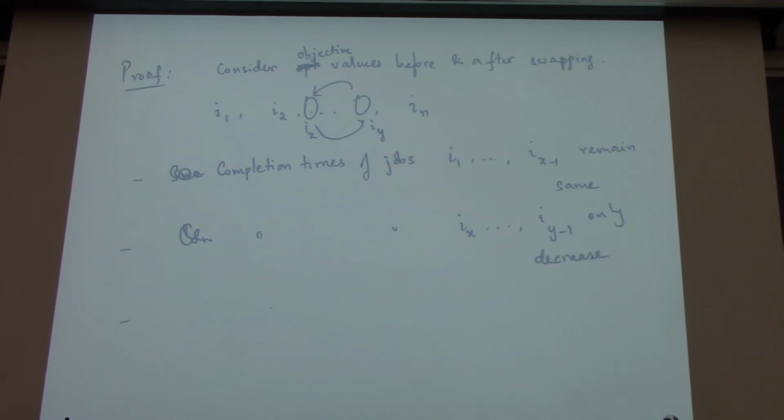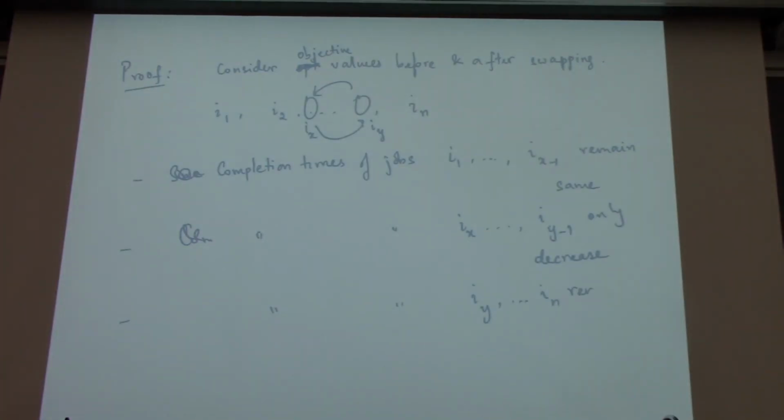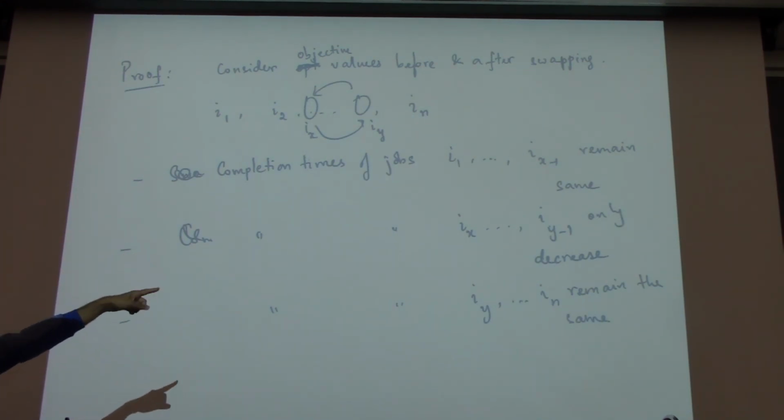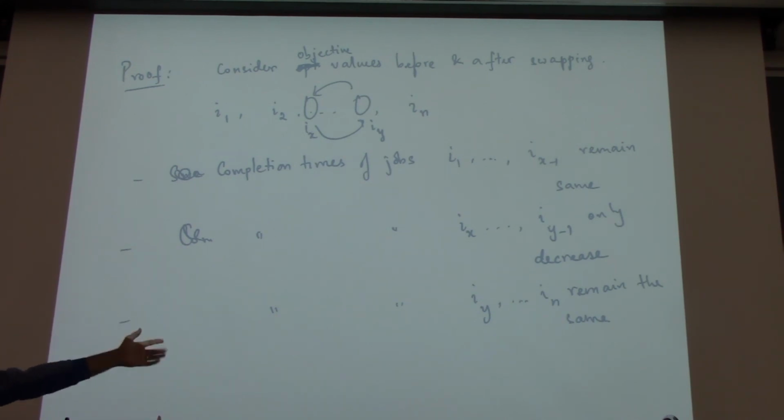The third is that Iy through In remain the same. With these three claims we are done, because these only decrease, so overall the objective should only decrease.